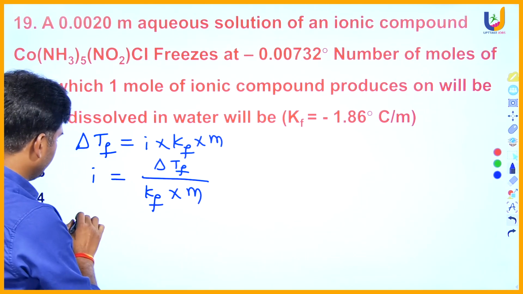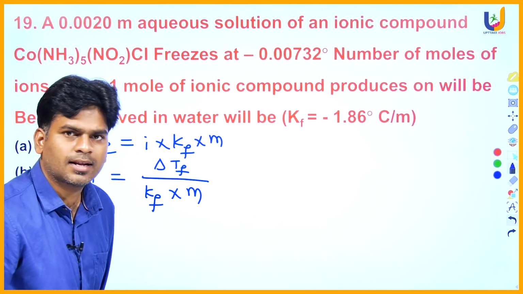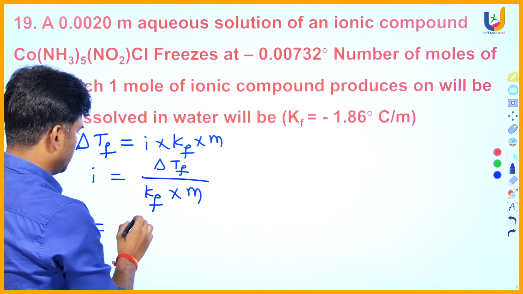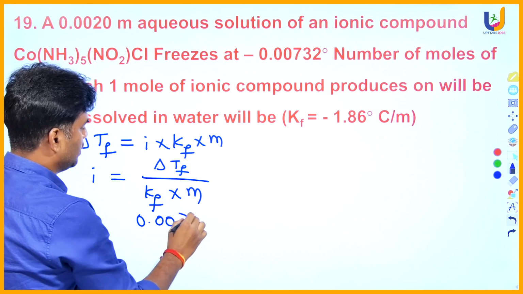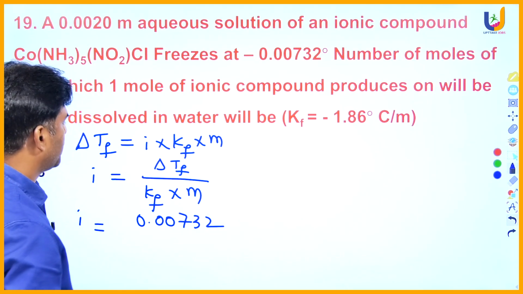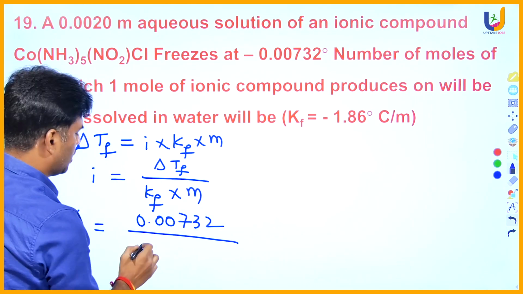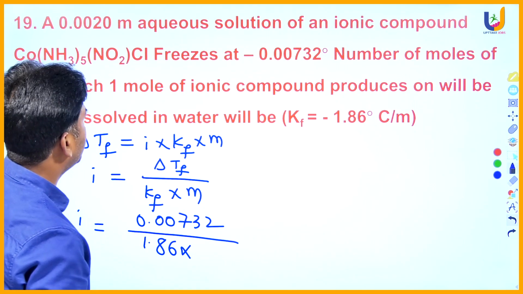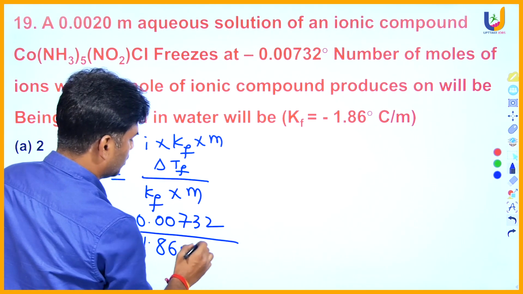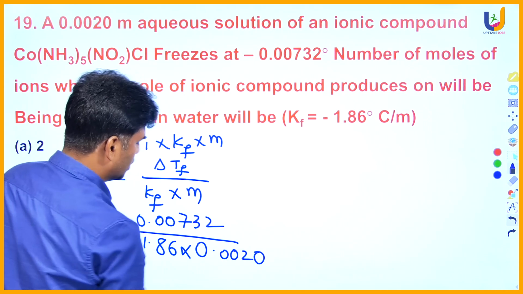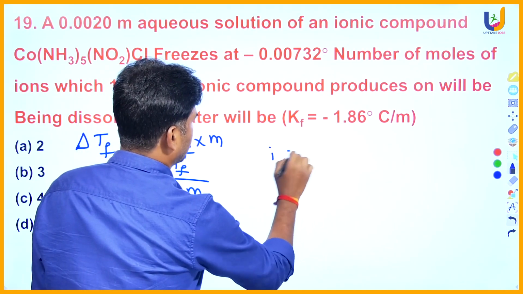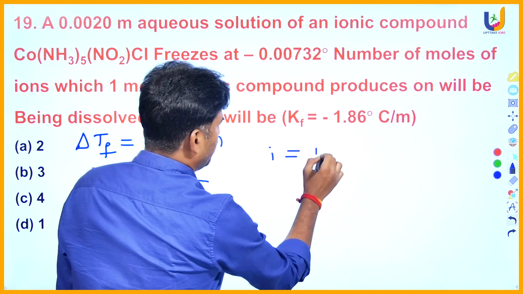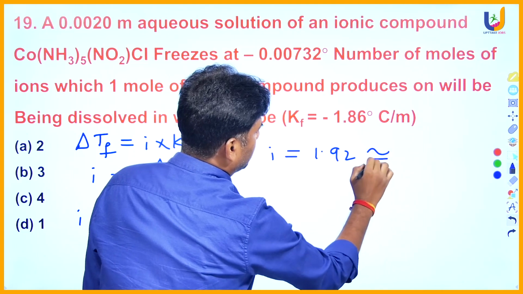And again, from this, i is equal to delta Tf, what is delta Tf? We have 0.00732, divided by Kf, 1.86, into the molality, 0.0020. From this, if you find the van't Hoff factor from the given values, we get 1.92, approximately 2.